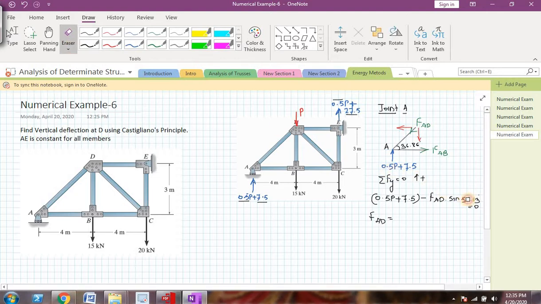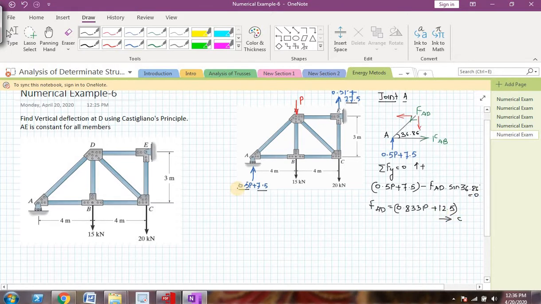It is not 53.13, it is actually 36.86. So when I do that, I'm getting a value of FAD as 0.833P plus 12.5. So I'm getting a positive sign. It means that my assumption of AD of compression is correct.